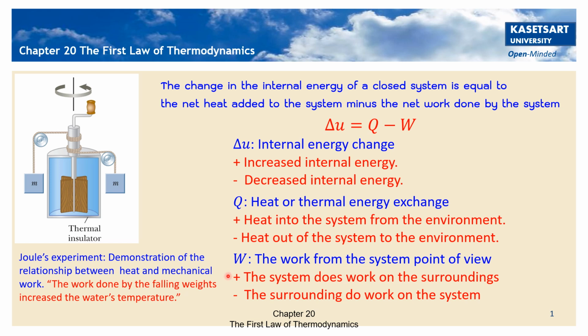So if work has a positive sign, it means the system does work on the surroundings. If the work has a negative sign, it means the surroundings do some work on the system.